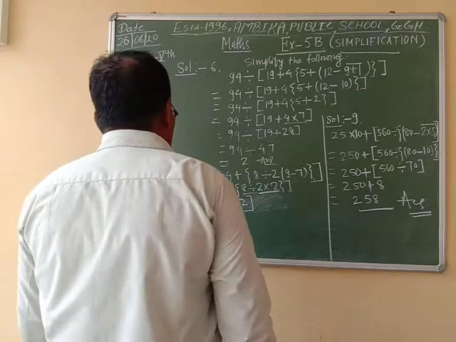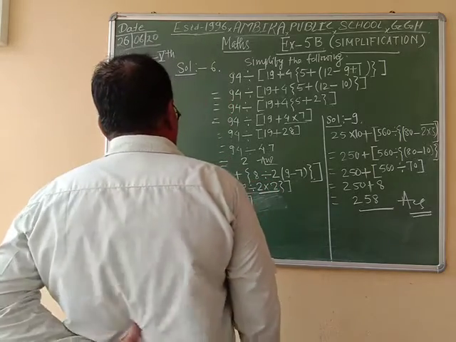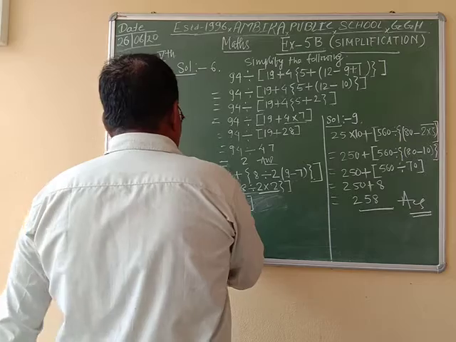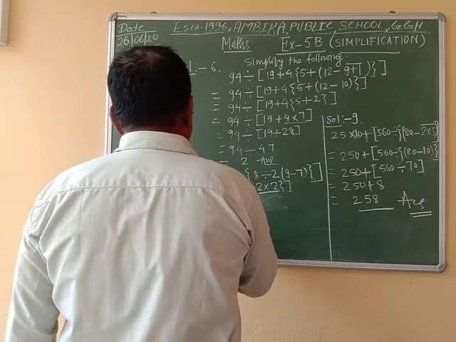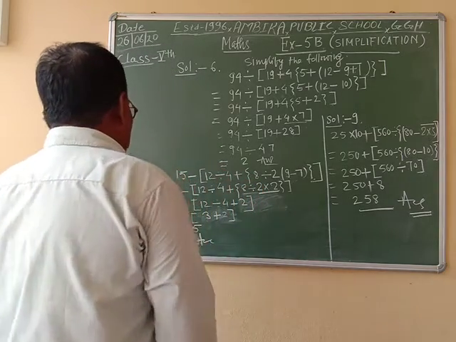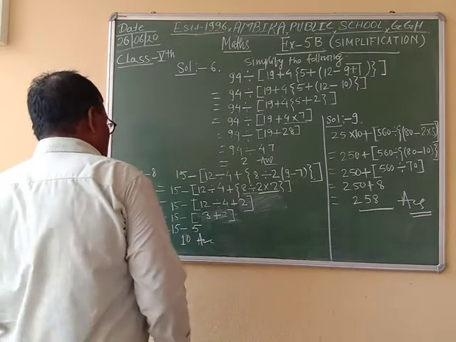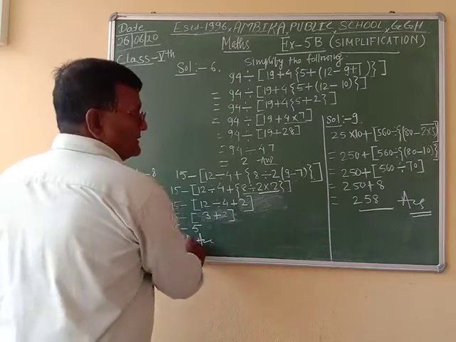Now we divide 12 by 4, we get 3 plus 2. Adding 3 plus 2 is equal to 5, and subtracting from 15, 10 is the answer.